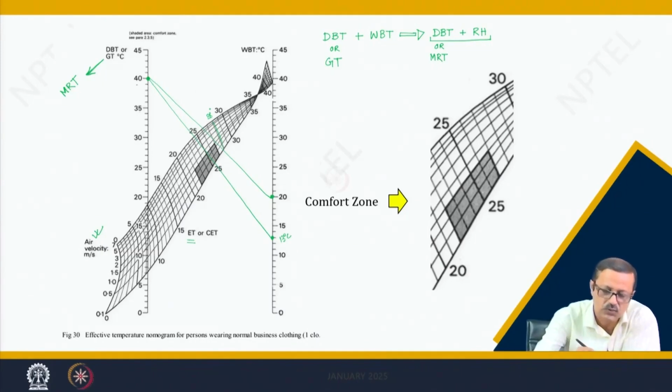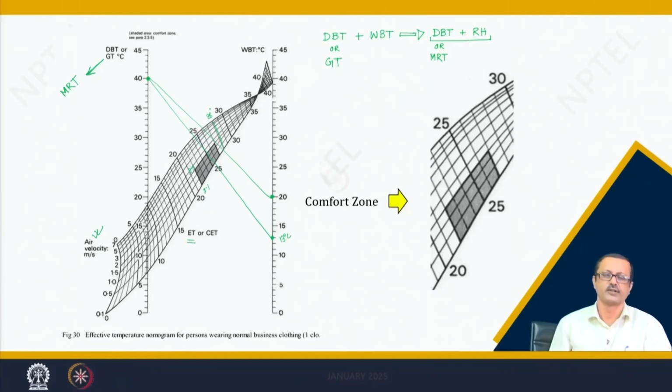With these two combinations of DBT and wet bulb temperature, the comfort comes at 0.1 to 0.2. These 4 lines are 0.1 to 2.0 meters per second wind velocities. In between, there can be comfort, but it looks like a temperature of about 22 to 26 degrees can be maintained.